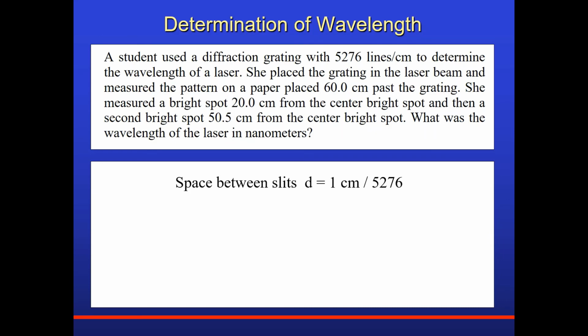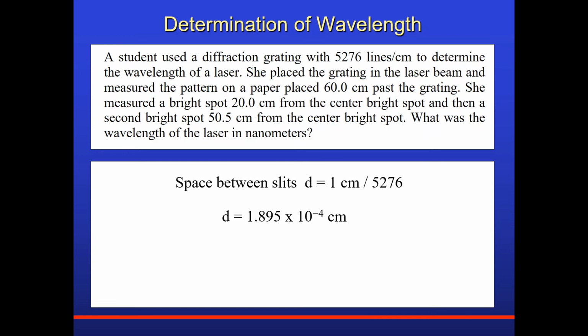Why? Because if you cut that centimeter into 5,276 parts, you'll find out how much space is between each slit, because that tells you how many slits there are in a centimeter. So you do the math, and you find that d is 1.895 times 10 to the minus 4 centimeter. Okay, that's a good number.